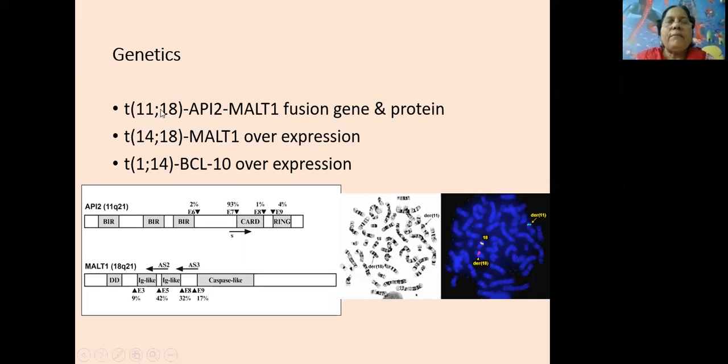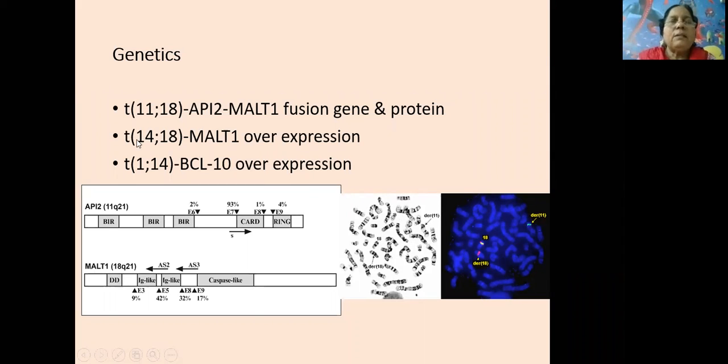So in 11;18, there is API2 and MALT1. API2 is present in 11 and MALT1 is present in 18. So when they both fuse together, fusion protein is formed, and that is responsible for most of the lymphomas. So that can be detected by FISH or karyotyping.